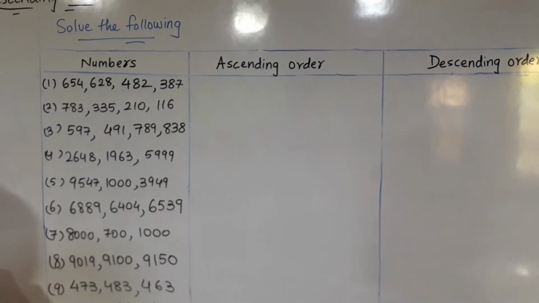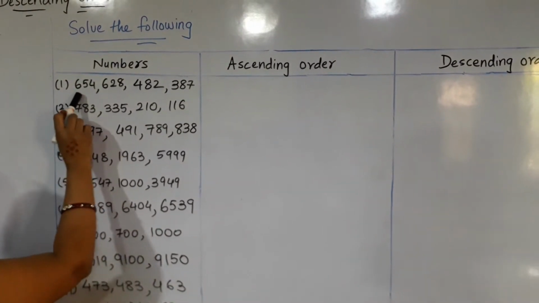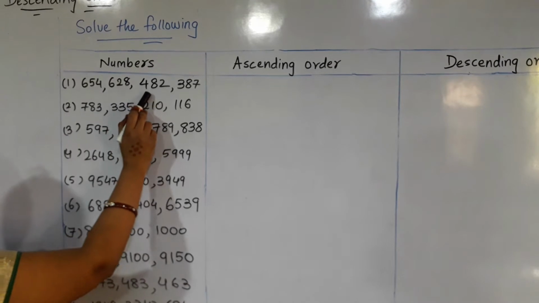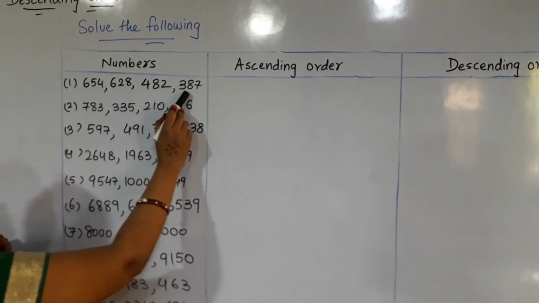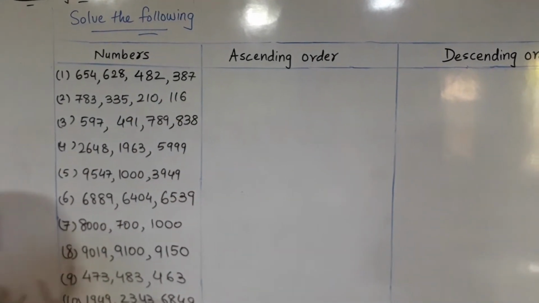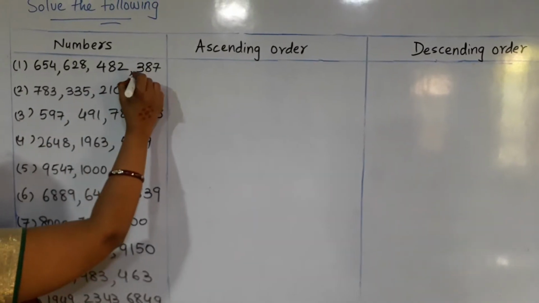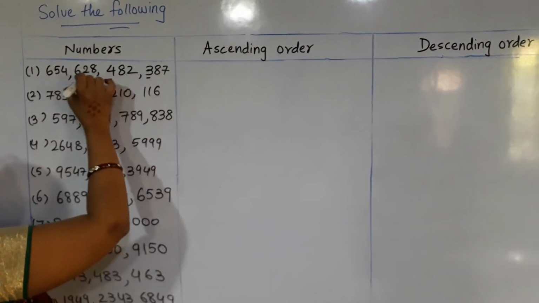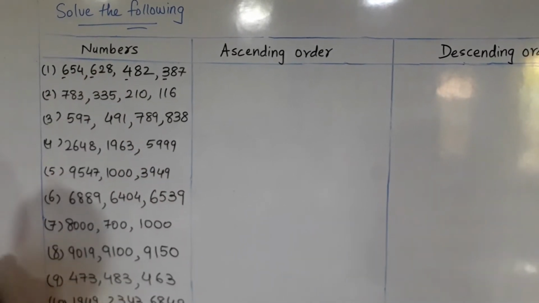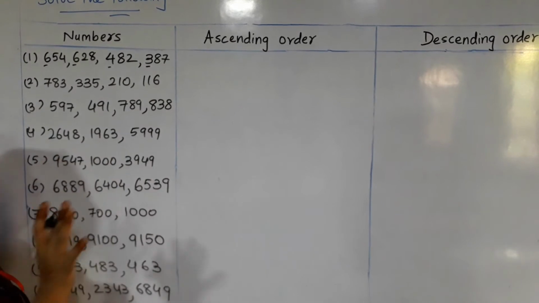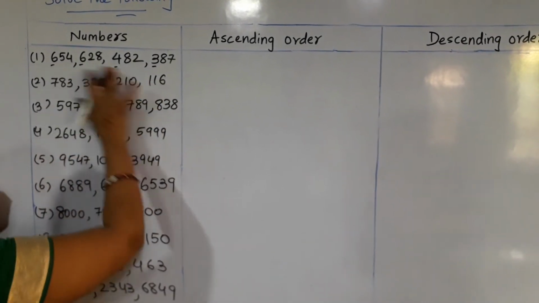The first number is 654, 628, 482, 387. The simplest way is to see the first digit first. Here, underline this. If you can see, here 3 is the smallest number out of all of them.